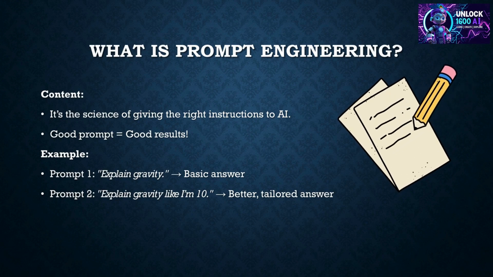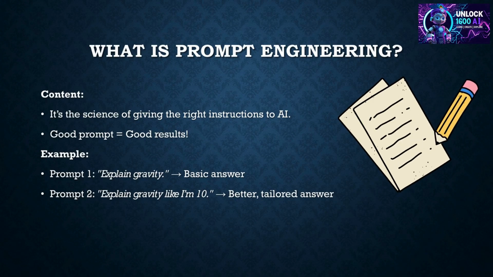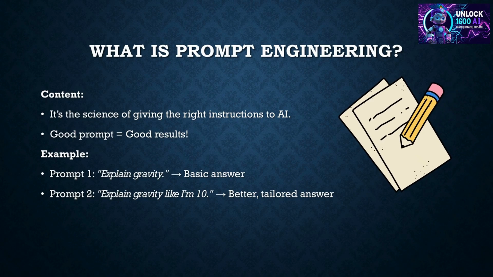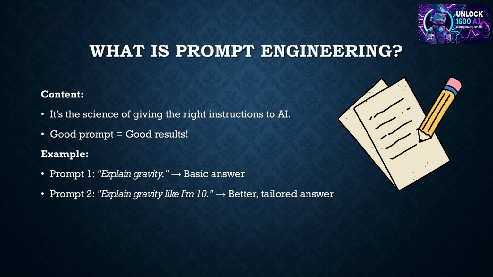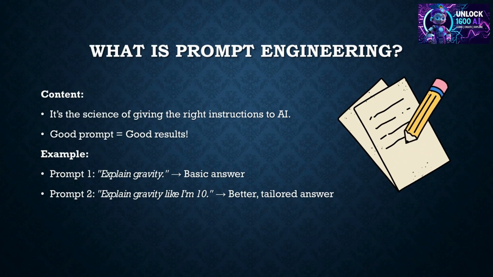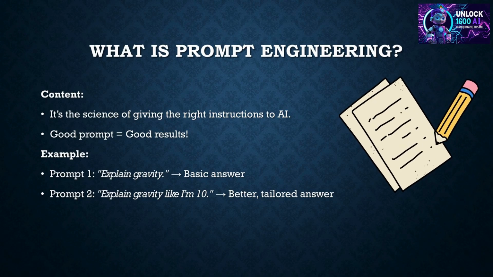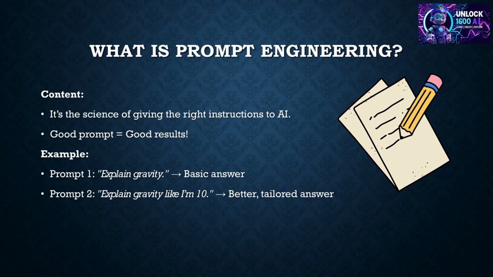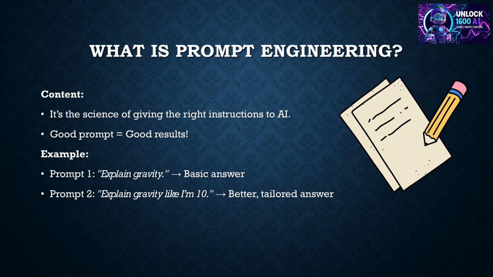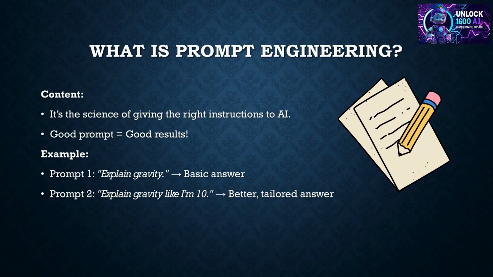So here, if you are providing a prompt to ChatGPT or any GPT model or Gemini or any other model, and you simply write "explain gravity", it will provide you a basic answer, because GPT and LLM models are trained on a very large amount of text data, right? It is using Wikipedia and many other trained contents, so it will just provide you the simply matching content.